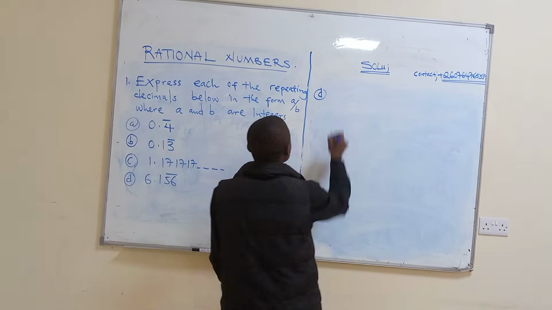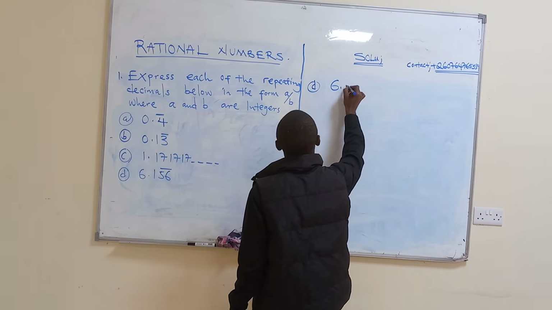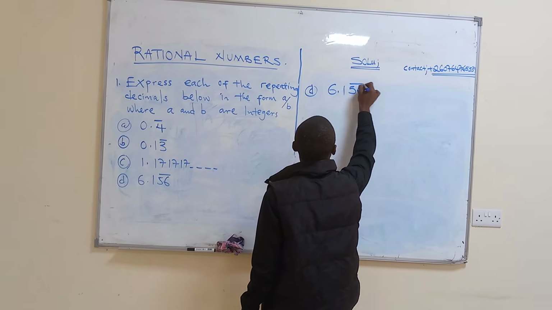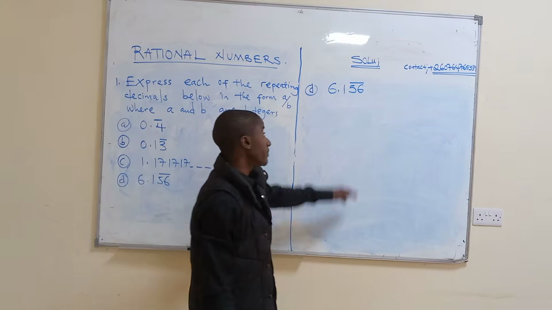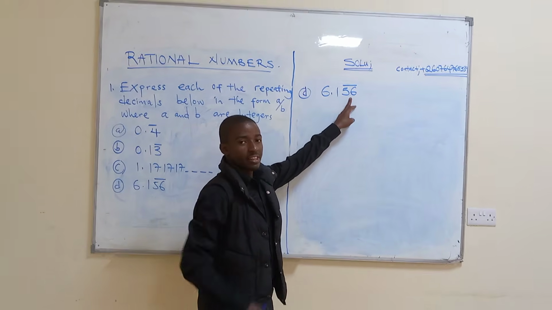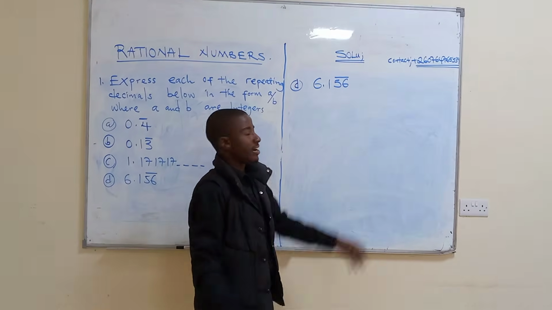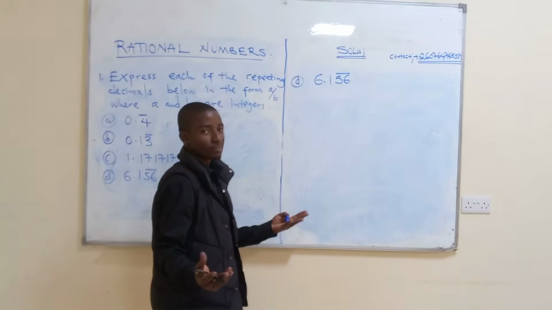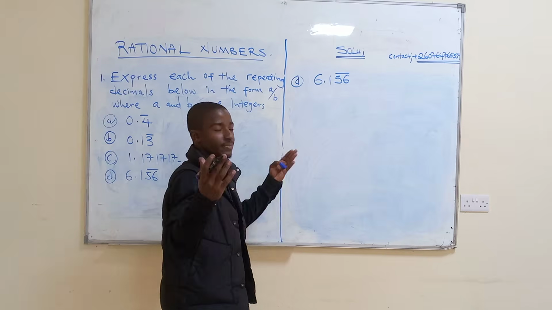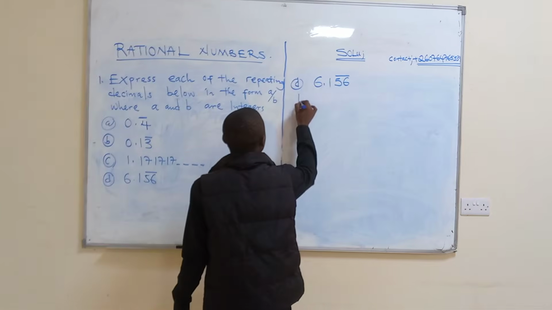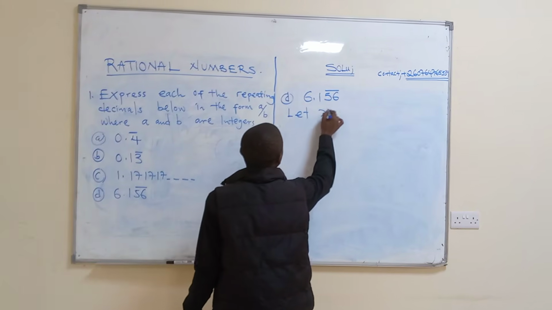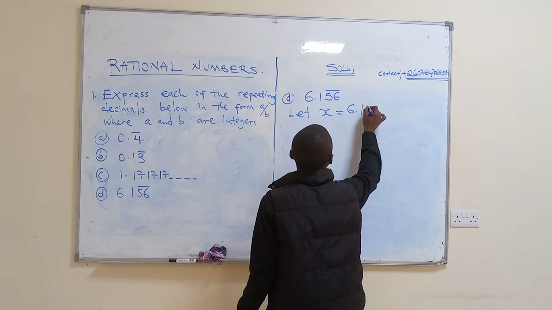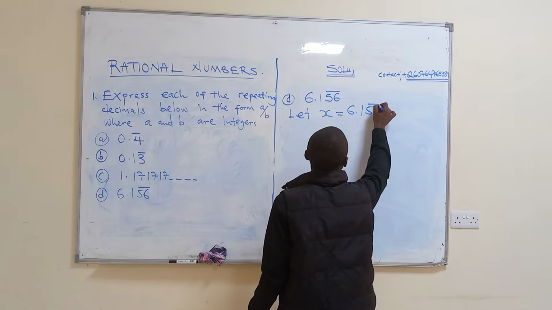For D, we have been given 6.156 with a bar. So it simply means that 5, 6, they are repeating themselves. First step, always you have to let what you have been given equal to x. So say let x is equal to 6.156 with a bar.